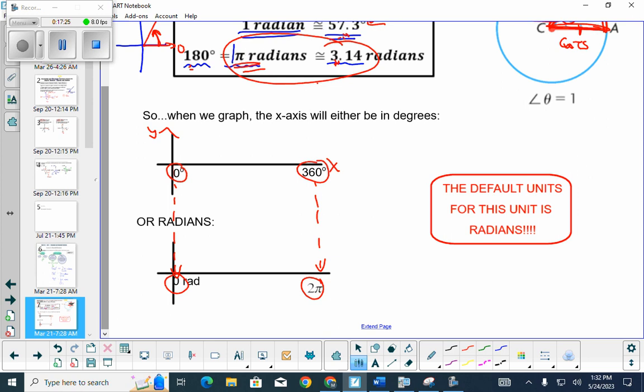No. As soon as you try to do a regression, it will automatically change the mode back to radians. You cannot override that feature. So you have to know how to solve it in radians. So I'm just introducing to you what a radian is. 2 pi is 360 degrees, which means 1 pi is 180 degrees.